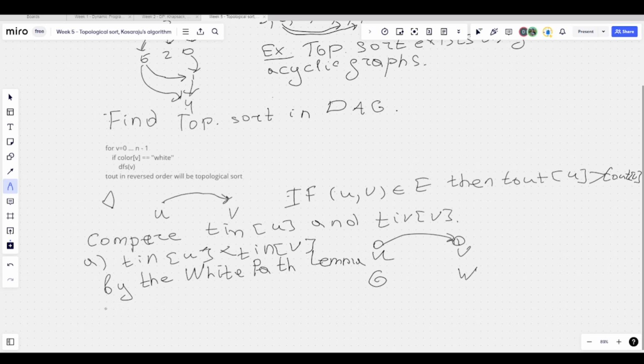By the white path lemma, V has already been visited.